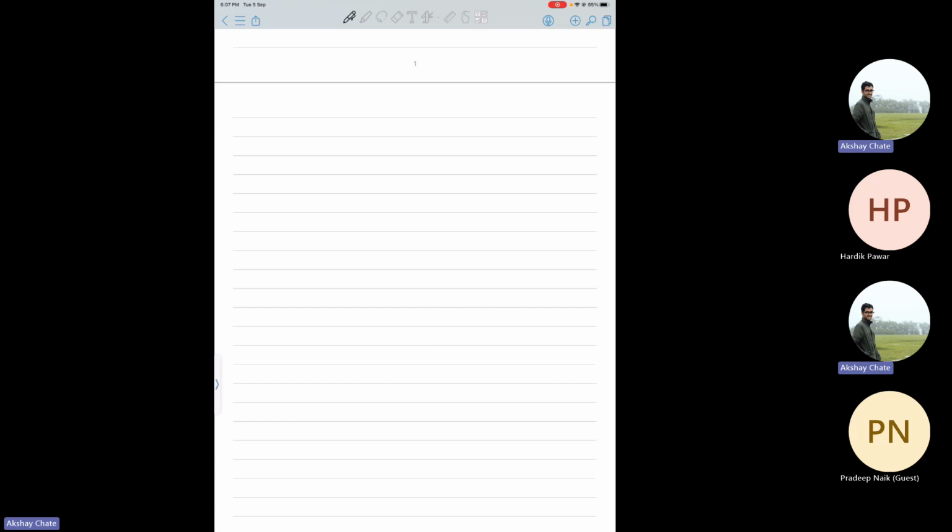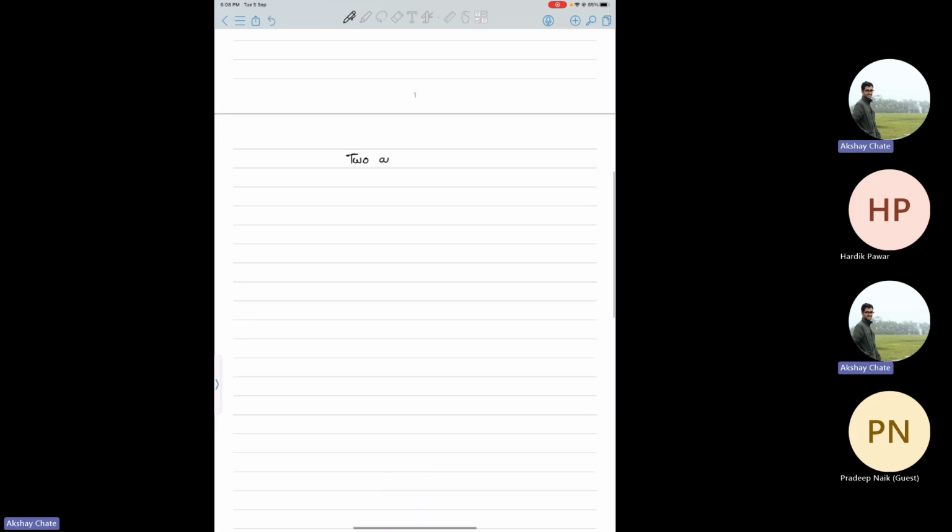There are two approaches to study fluid motion.